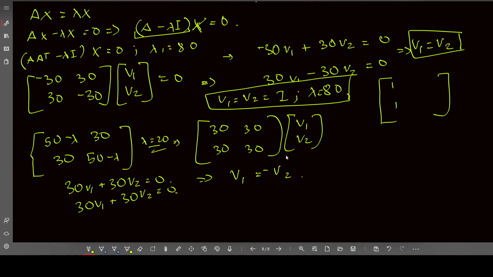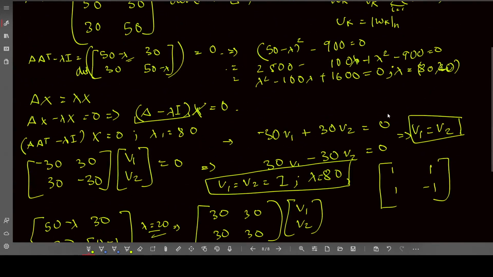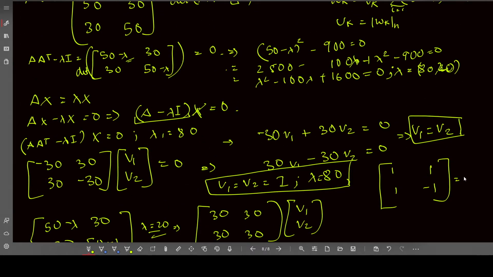Okay, so again, for simplicity's sake, I'll take 1 and minus 1, right? So this is my vector that I have to orthonormalize. Let's call this f.